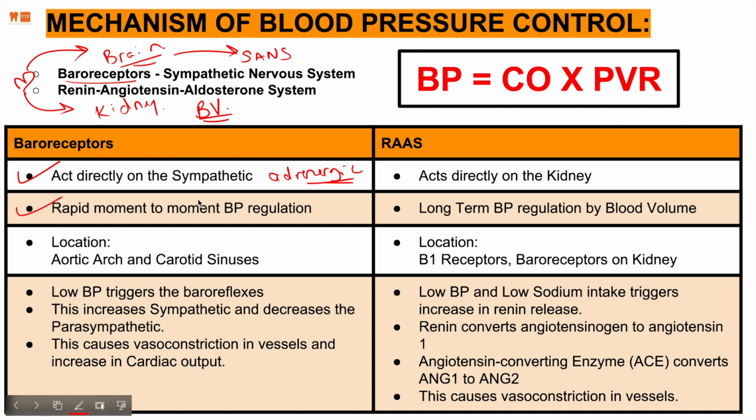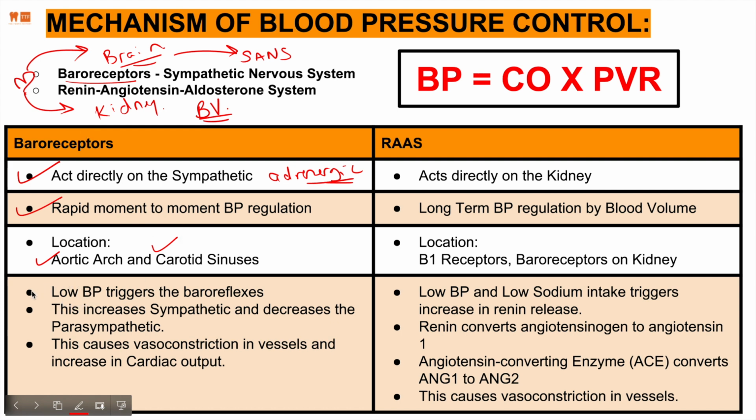Rapid moment-to-moment blood pressure regulation. So baroreceptors have extremely good sensitivity. As they're located on the aortic arch and carotid sinuses, they will detect changes in the blood vessels, blood flow, muscle tone, and all of these little details and data. It will then transmit the data to the brain.